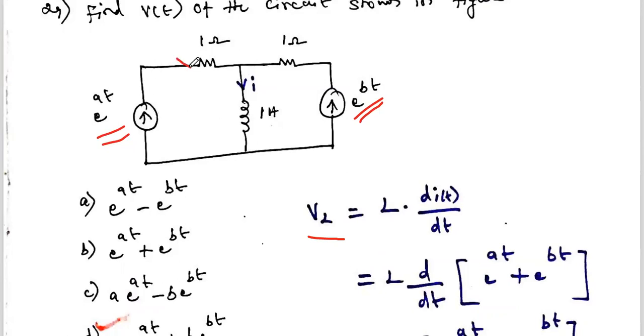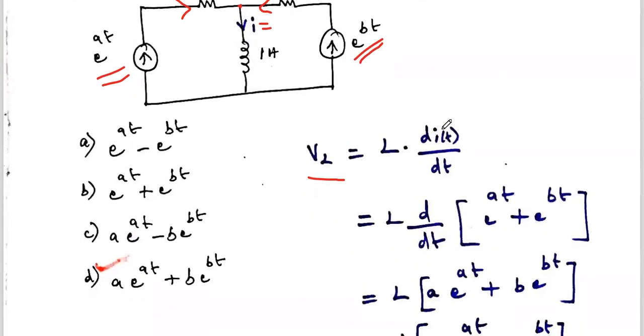Because of this current source, the current flowing through this branch is e power at. Because of this current source, the current flowing through this branch is e power bt. These two currents enter this node, and this current I, the current flowing through the inductor, is the addition of e power at and e power bt. So the current I of t equals e power at plus e power bt.